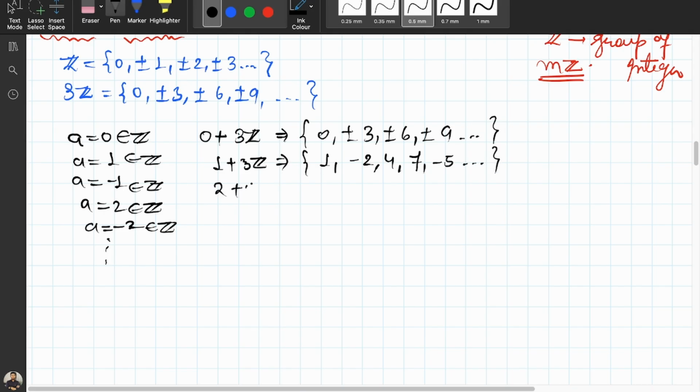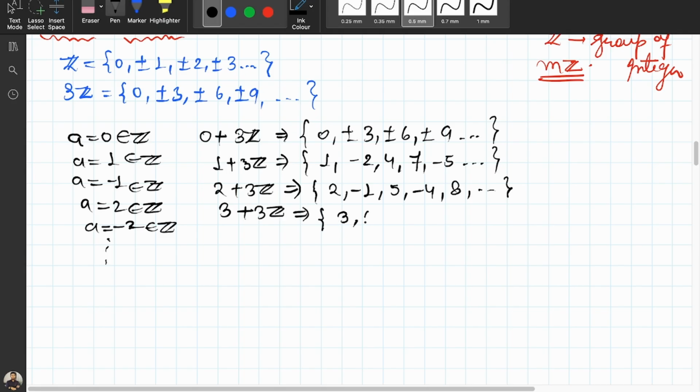I will take 2 plus 3Z, then this set looks like 2, minus 1, 5, minus 4, 8. If I write 3 plus 3Z, then it will look like 3, 6, 0, 9, and minus 3. Now you can see either they are completely disjoint or they are equal.